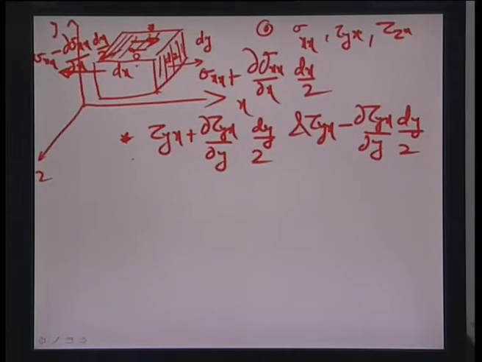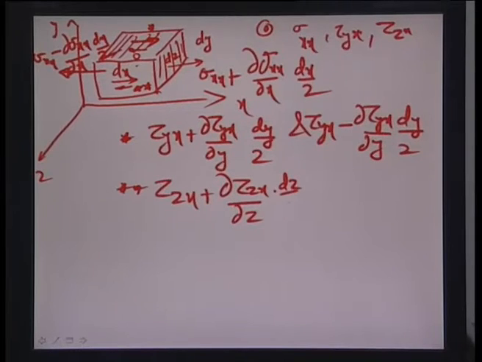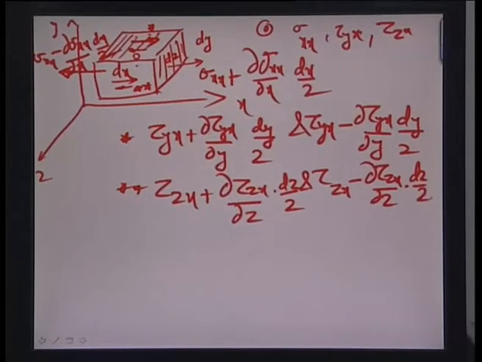Similarly we will have the z components, which are essentially in this face and the back side, and these are double stars: tau zx plus del tau zx by del z times dz by 2 and tau zx minus del tau zx by del z times dz by 2 are the different components.